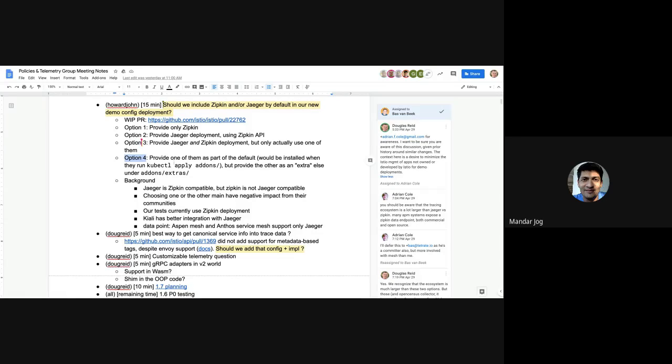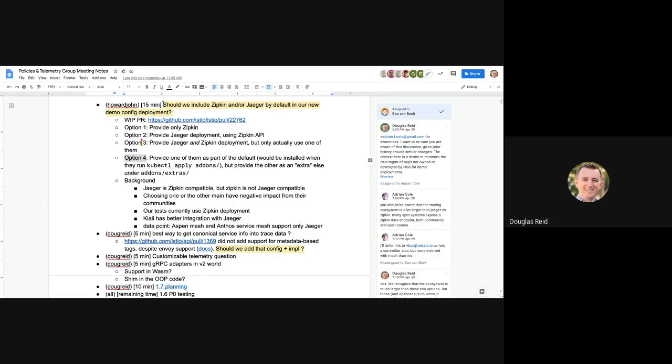So Doug, do you think 2 is better because it's more uniform? Yeah, the simplicity of 2 appeals to me, but I'm very sensitive to the things you just mentioned. So I'm actually okay with 4 as long as we're clear about the bar to make it into the extras folder.